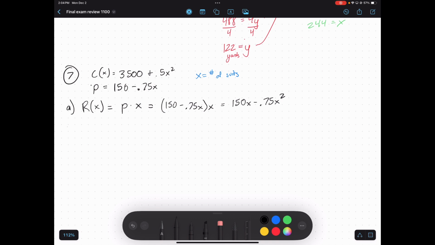Okay. Part B. What's my profit? Profit, like we've talked about before, is just revenue minus cost. So I'm going to take my revenue equation and subtract my cost equation. So I get 150x minus 0.75x squared minus 3,500 plus 0.5x squared.